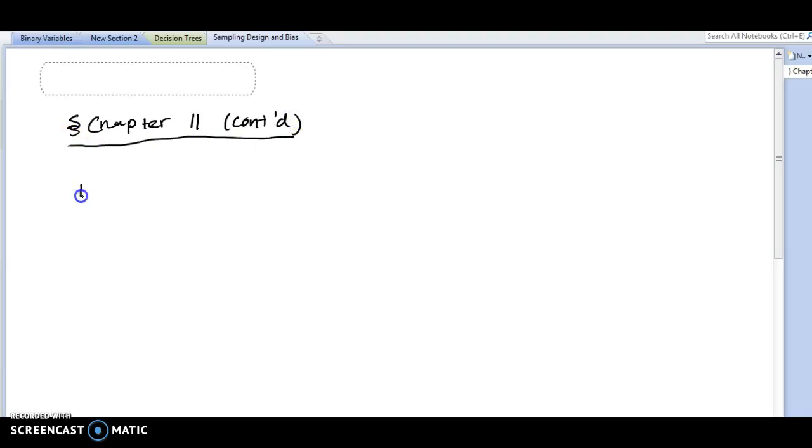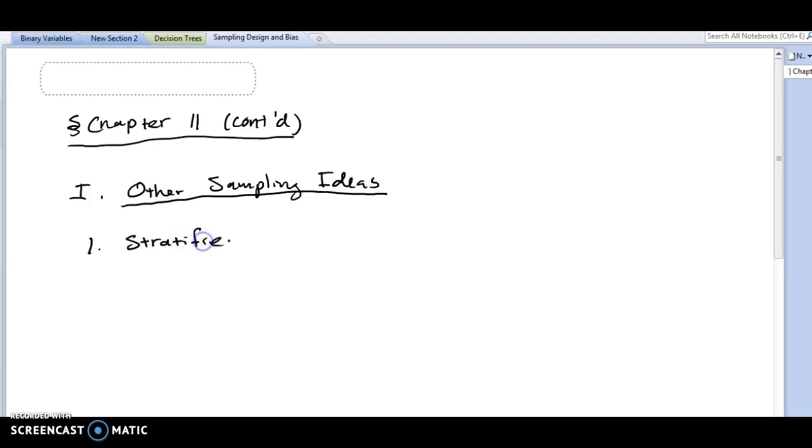We want to start out first with other sampling ideas. So, we're going to talk about some ways that can help us sample more effectively. The first kind we want to talk about is stratified sampling. And the idea here is oftentimes you have certain well-known representations of parts of your population, and you want to slice it up that way.